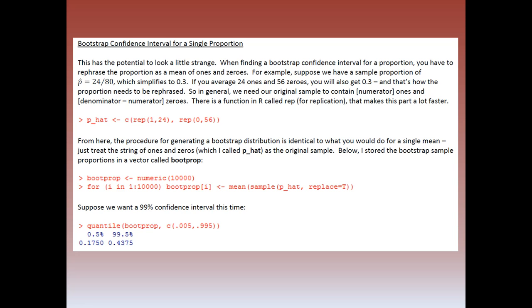And then we're going to take its mean, which is effectively a way of getting a bootstrap sample proportion here. We're going to do that 10,000 times, and then the quantiles there are for a 99% confidence interval. So there it would be the half percentile and 99.5 percentile, so in decimal form, 0.005 and 0.995.